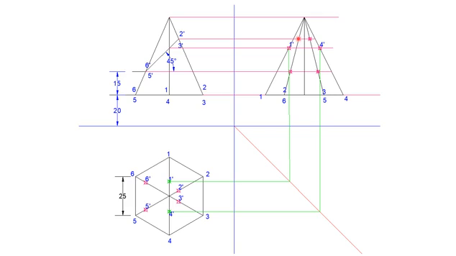This is 2 prime, and this will be 3 prime. Then we have 6 prime and 5 prime. So on the end elevation, we have already plotted the cutting.